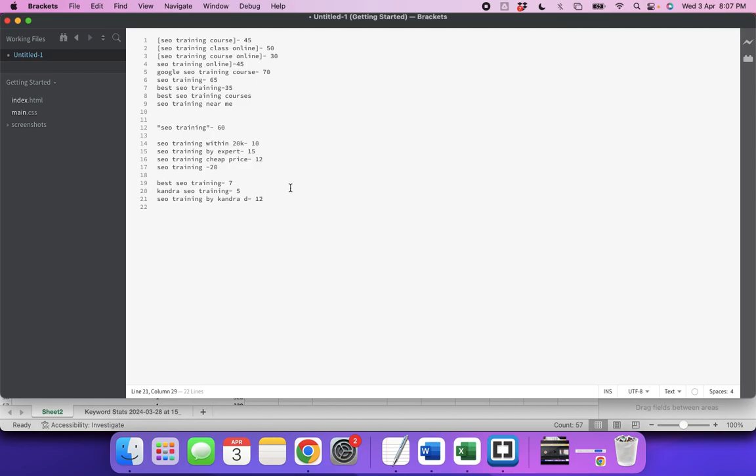This is costing only 5 rupees. This is costing only 12 rupees. Now look at this average here. The average cannot be beyond 15 rupees here. Here the average CPC is at least 40-50 rupees. Here it is not beyond 15 rupees, if you can observe it.